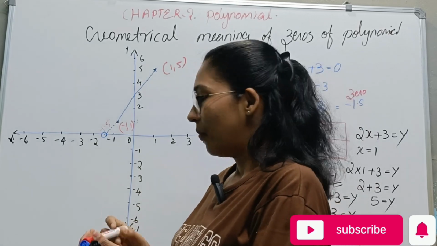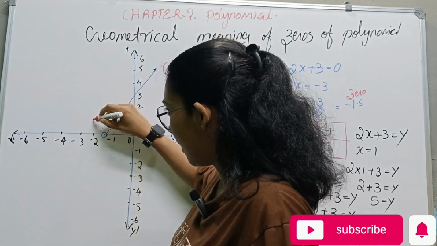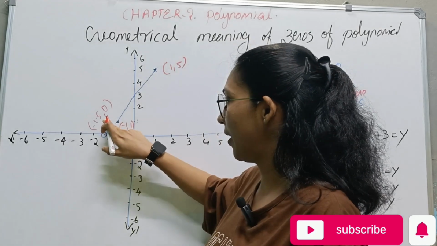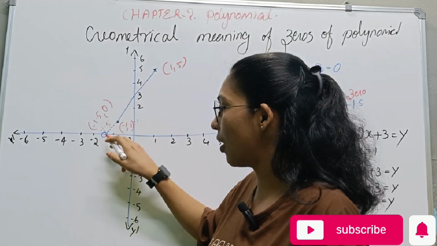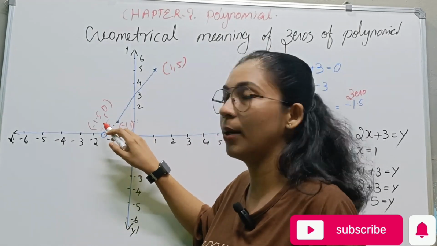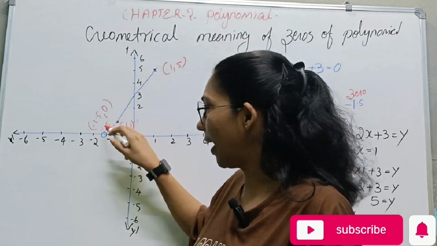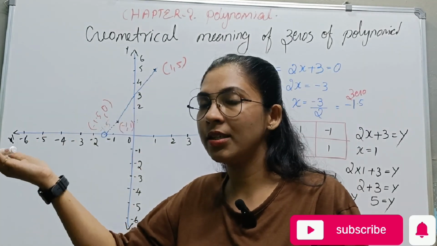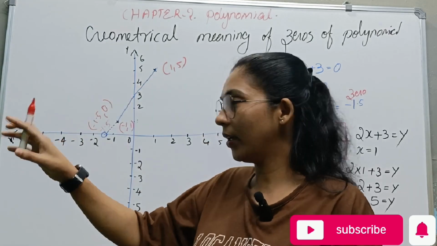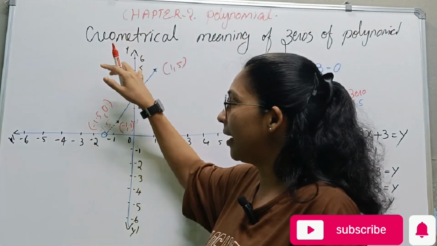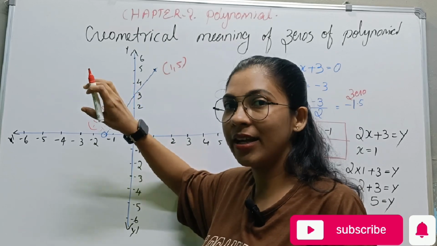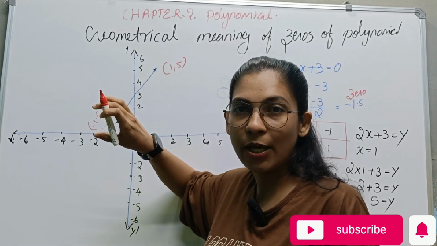What is happening actually is the point should be minus 1.5 comma 0. If any point is on the x-axis, then the y-ordinate of that point should be 0. Similarly, if any point is on the y-axis, then the x-ordinate of that point should be 0.